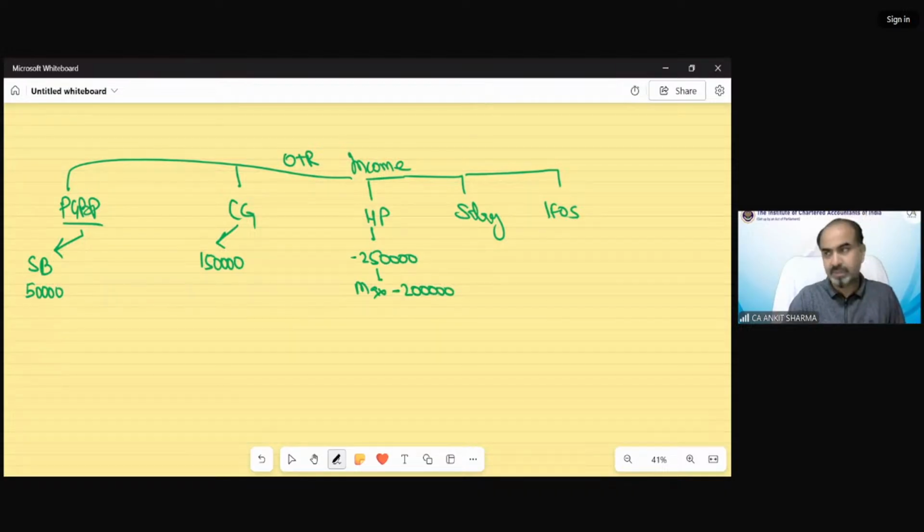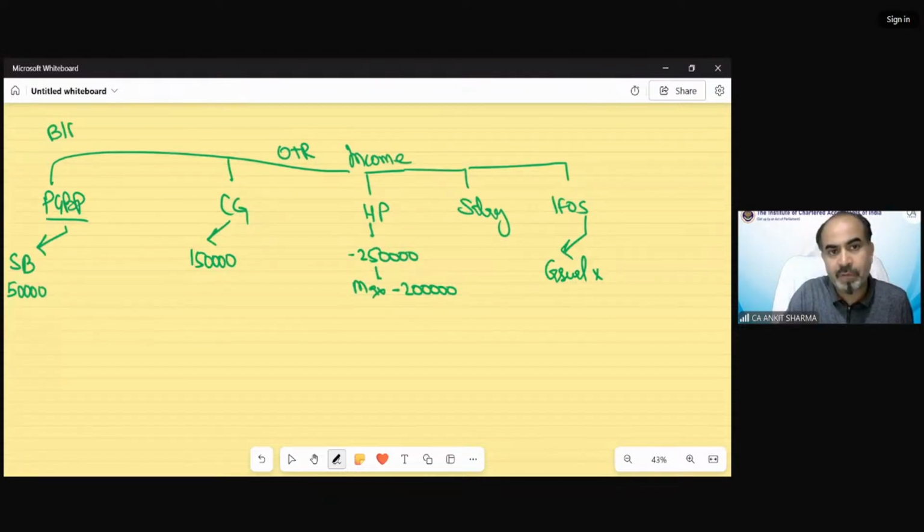Then in the question, we have loss from the card game. So the casual income loss cannot be claimed. We have brought forward long-term capital loss for assessment year 22-23, 86,000. We will utilize it at the end after intra and interhead set off.